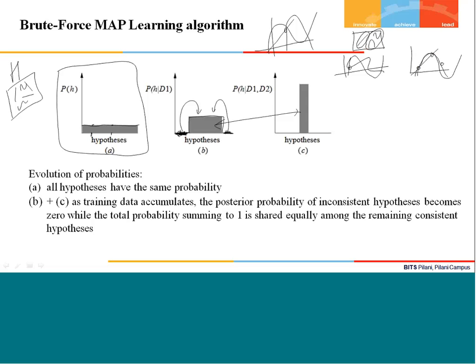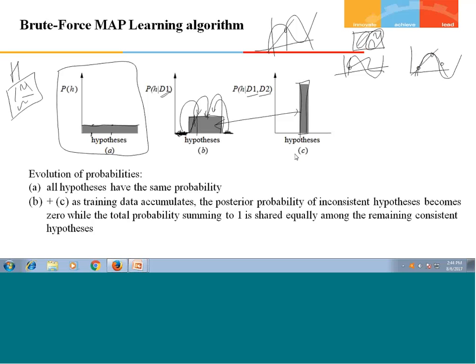The more data you see, the more the version space gets restricted. This is the dataset D1 I have seen. Once I see more evidence, let's say D1 and D2, some other hypothesis will go away from the version space, and the mass from those hypotheses will be added to the remaining ones. That's why this bar is increasing here.